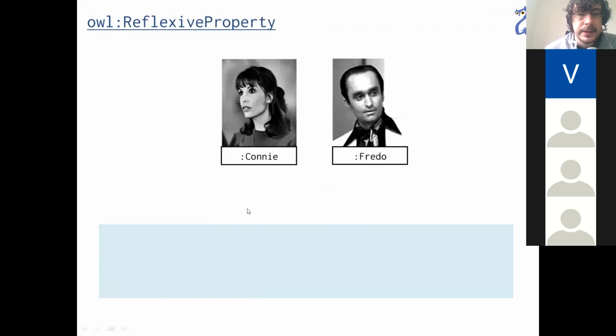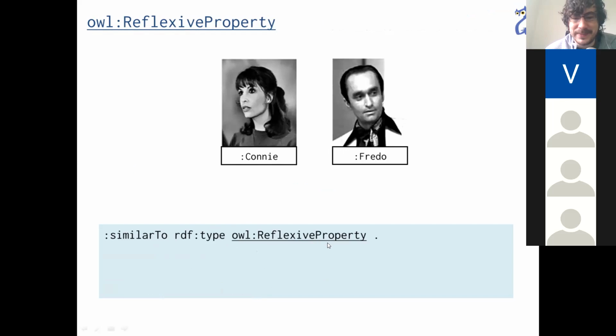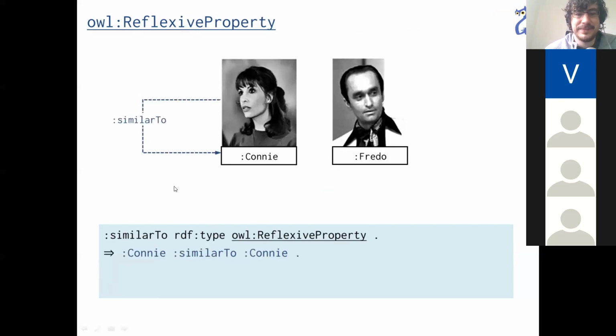Okay. So we have a reflexive property, which is a slightly strange definition, but we can use it sometimes in conjunction with other definitions. It might make more sense. It's not so frequently used, I would say. But okay, what is a reflexive property? So we can say, for example, that similar to is a reflexive property, and it means that everything is similar to itself, right?